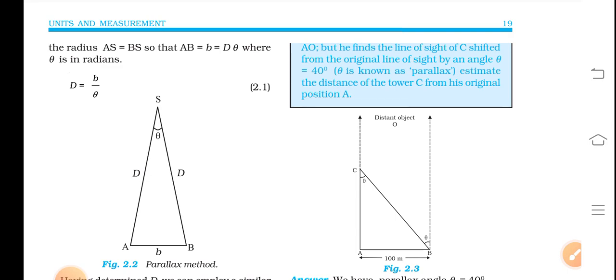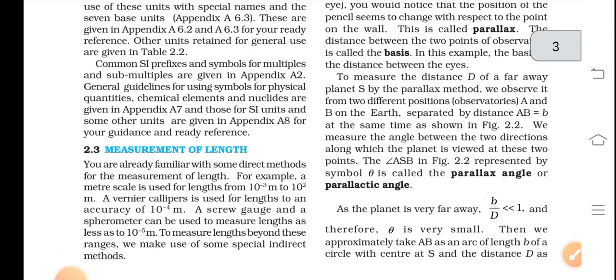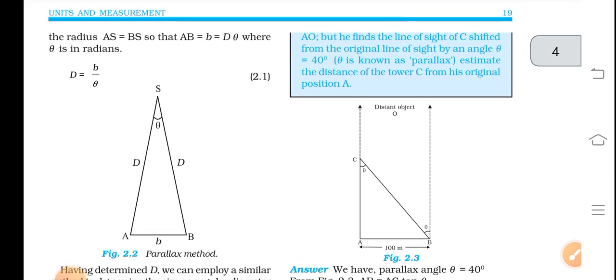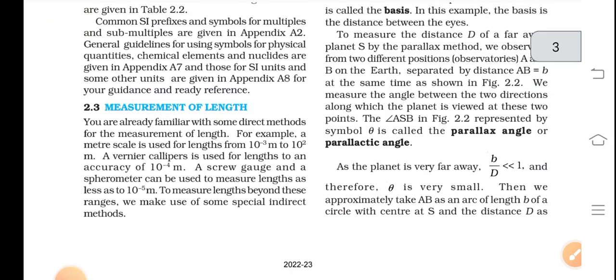For a far away planet S, by the parallax method, we observe it from two different positions A and B on the Earth, separated by distance AB. This is the Earth. This is the point S that we observe.